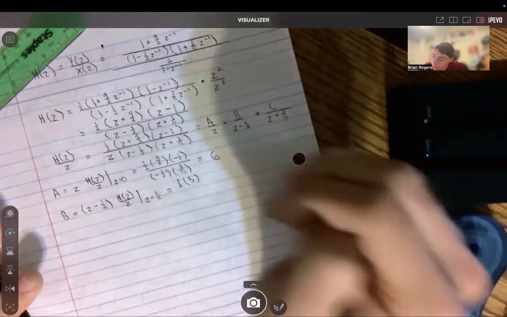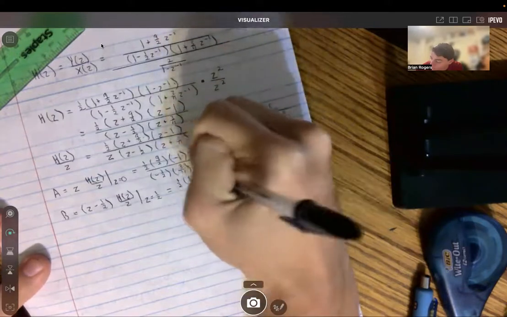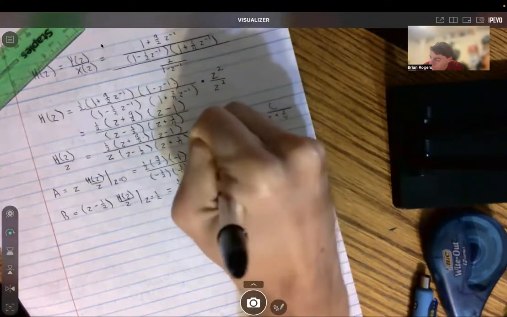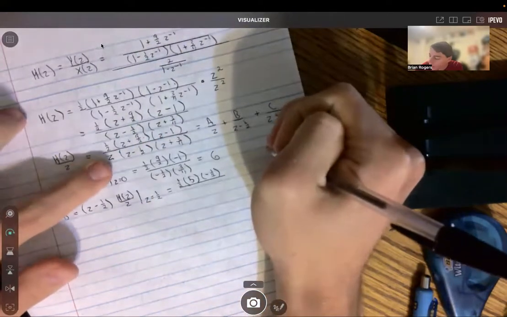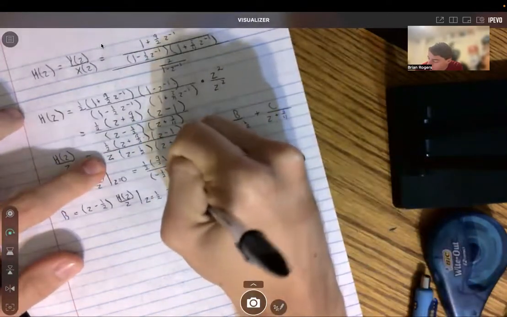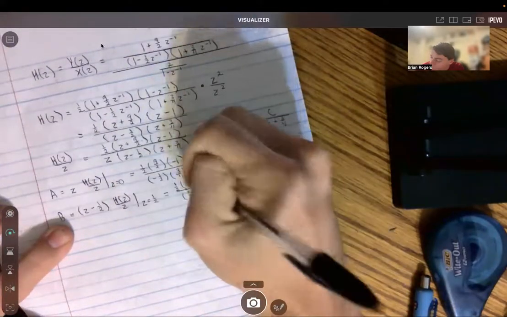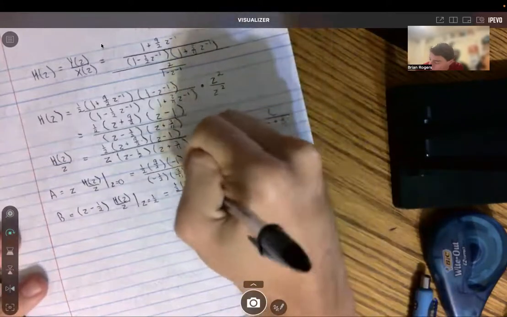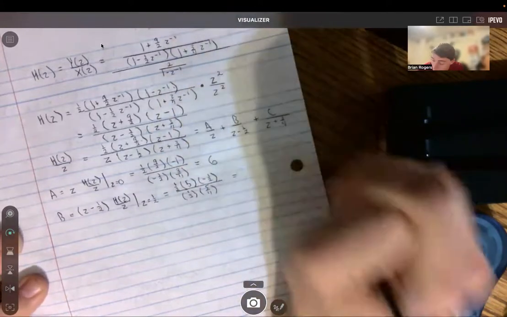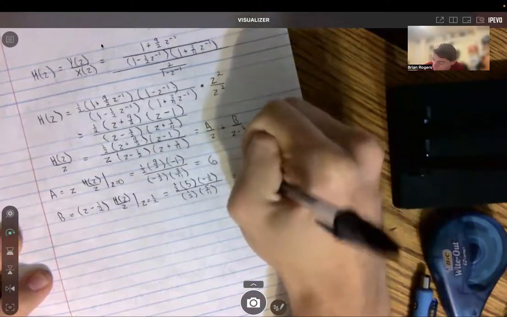And then what we're going to have here is 1/2 minus 1, which is going to be -1/2. And then in our denominator, we're going to have 1/2. Remember, this term cancels because you multiply by it. And then we're going to have 1/2 plus 3/4. So that's going to be 5/4.